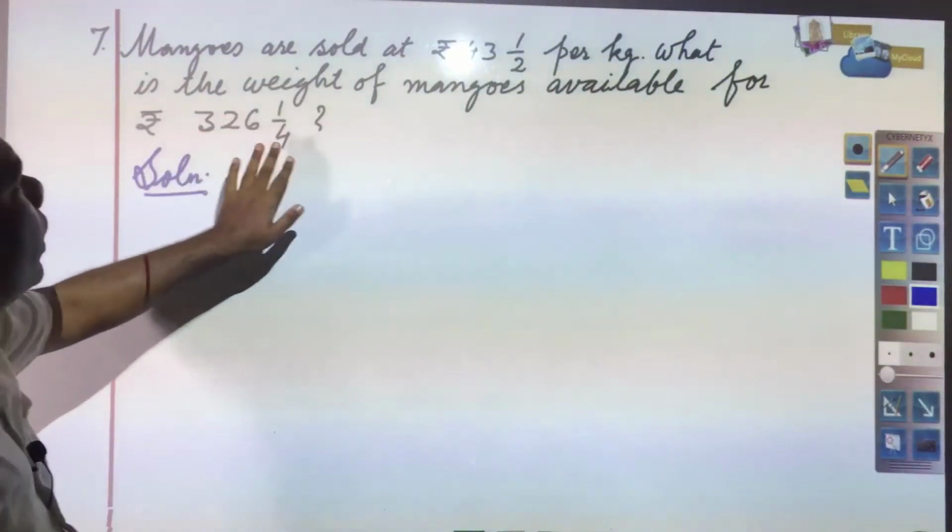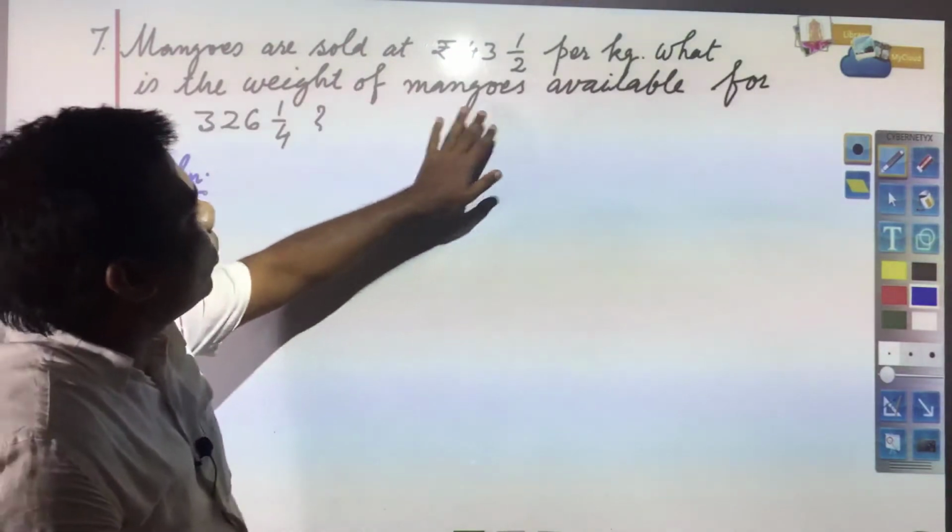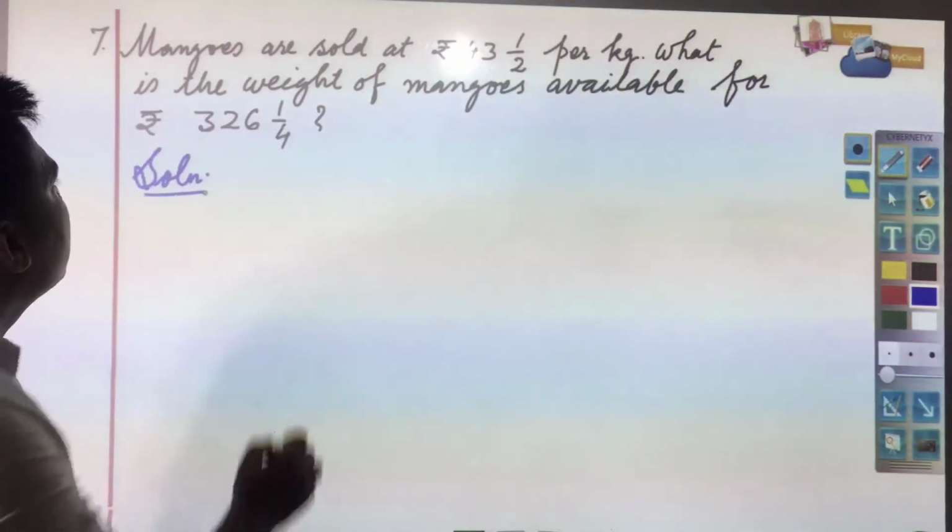Now what you need to find out is the weight of mangoes available for this many rupees.